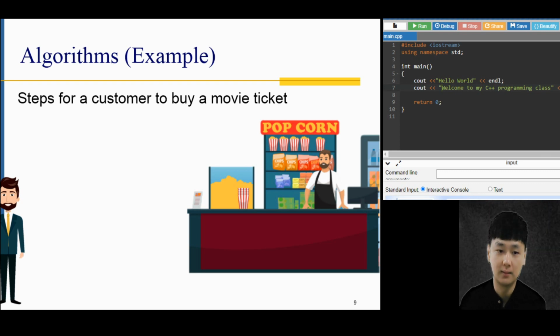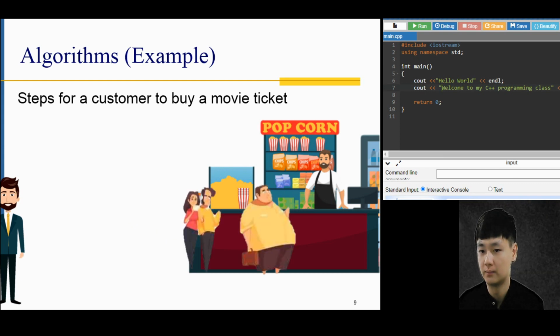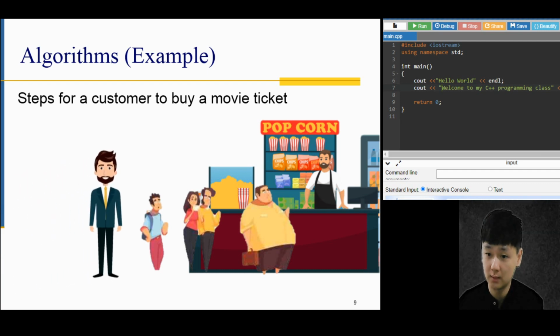Let's take a look at a real-life situation of what an algorithm is. For instance, tonight you would like to go to a cinema to watch a show after a stressful day. Before you can enjoy the movie, you have to queue up first and wait for your turn before buying a ticket.